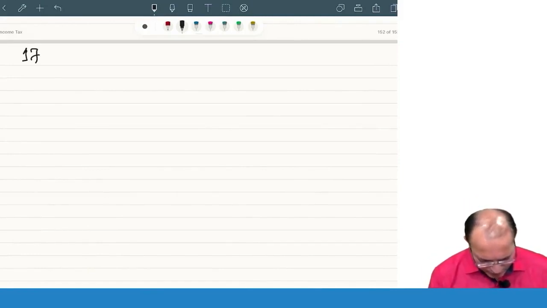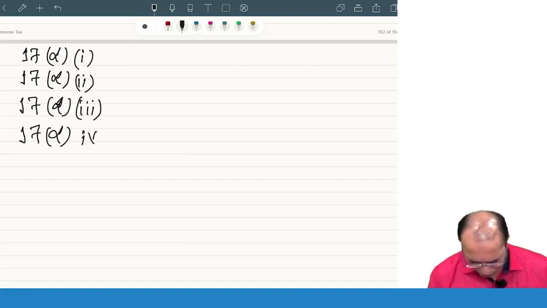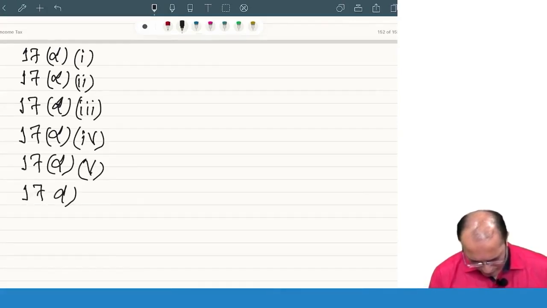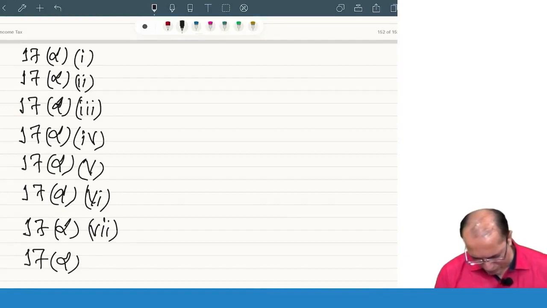We have section 17, subsection 2, clause 1; 17(2) clause 2; 17(2) clause 3; 17(2) clause 4; 17(2) 5; 17(2) 6; 17(2) 7; and the last one, 17(2) 8.